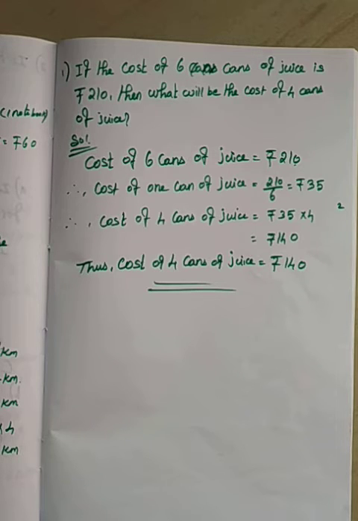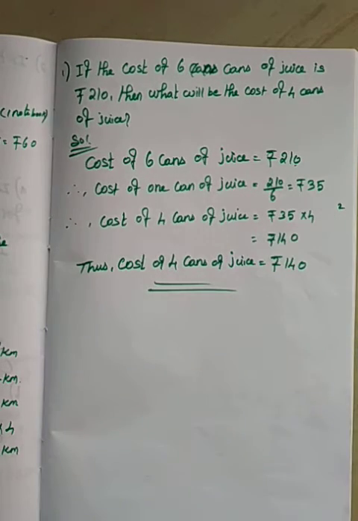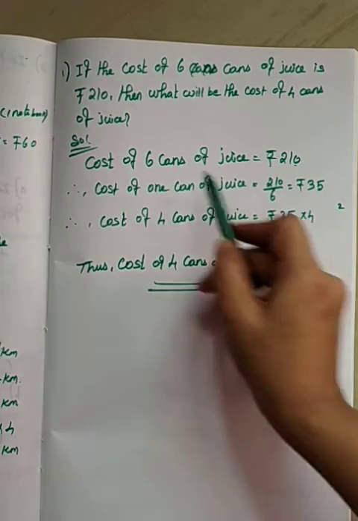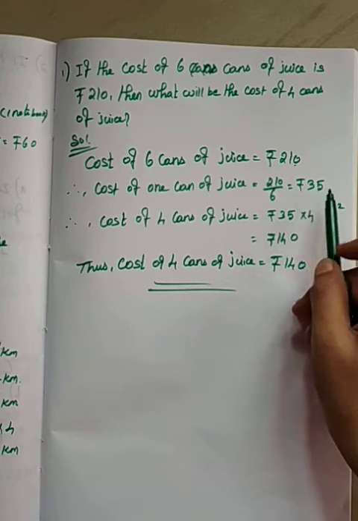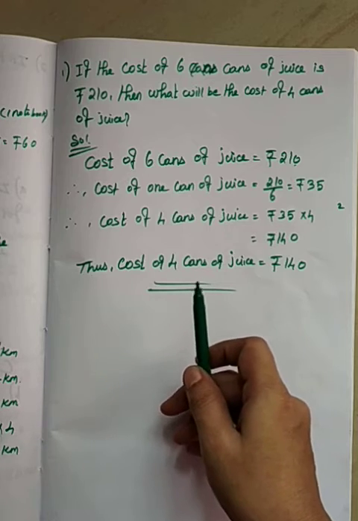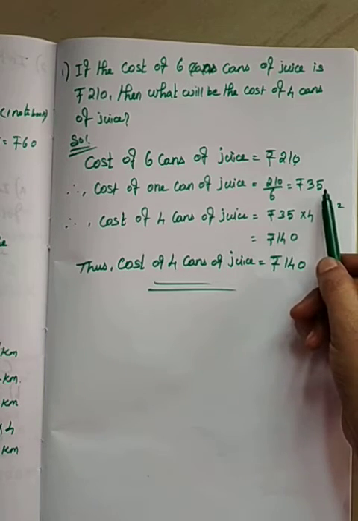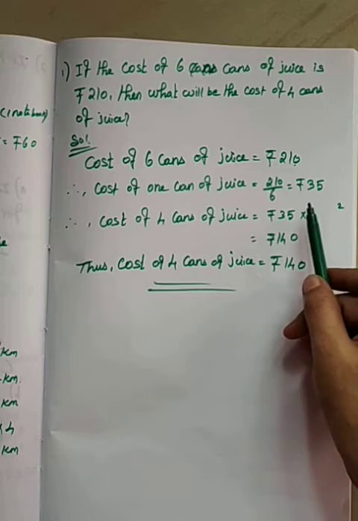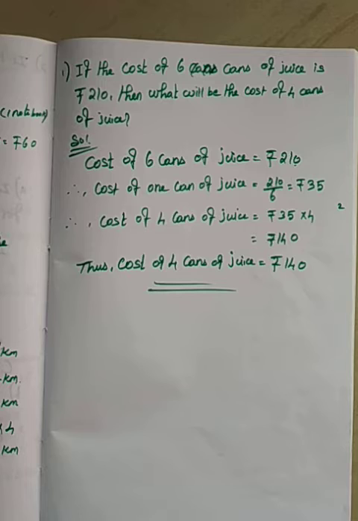Okay, so first the 6 cans of juice amount is rupees 210. Now you have to find the 1 can of juice. That means you have to find 210 divided by 6, you will get 1 can of juice amount rupees 35. Now you have to find what is the cost of 4 cans of juice. So the 1 can of juice cost is 35. You need 4 cans of juice. So 35 into 4. So multiplying in that one, you will get rupees 140. So therefore the cost of 4 cans of juice is rupees 140.